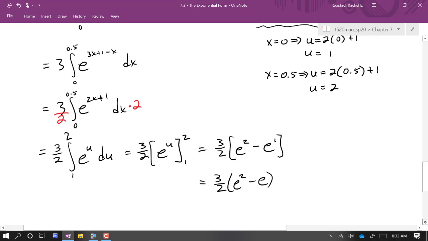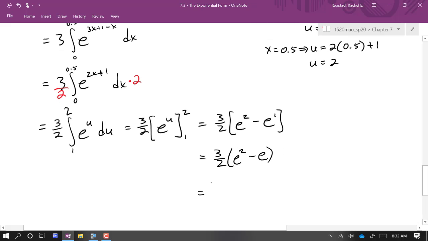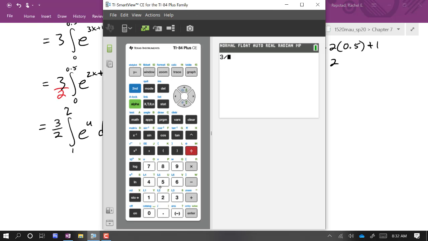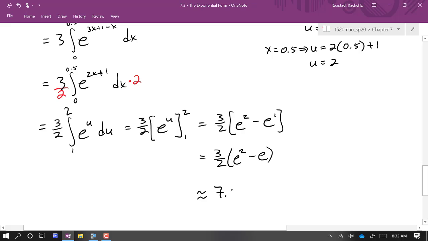There it is as an exact value. I can also approximate it. Either is fine.